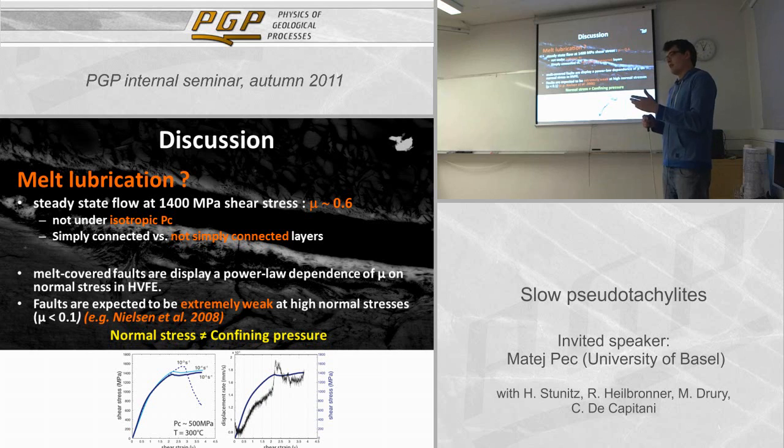In the beginning, before this through-going melt layer forms, they observe the formation of discontinuous patches, which is also connected to the increase in the friction coefficient. However, because we observe this forming on quite a large scale, we don't expect that the melt layer would develop this simply connected topography.